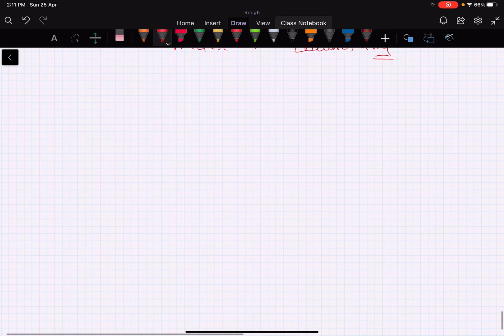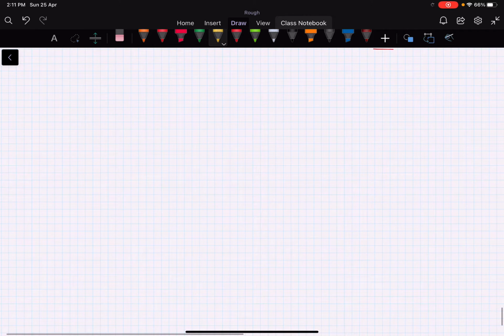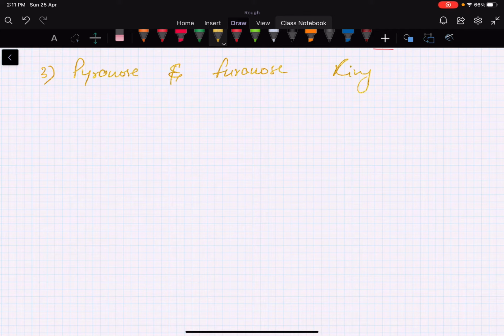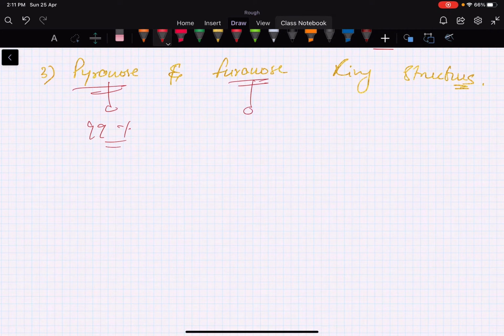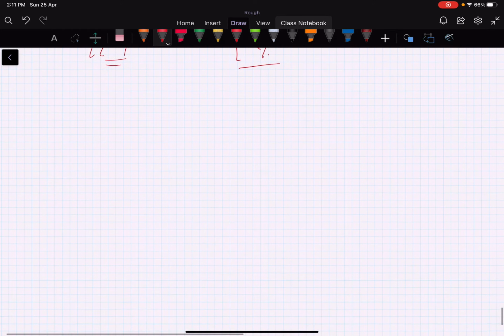Next we'll be discussing pyranose and furanose ring structures. In more than 99% of solution, glucose occurs in pyranose form, and furanose is present about 1%.